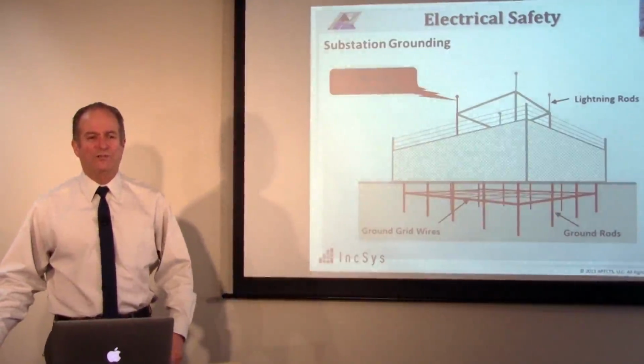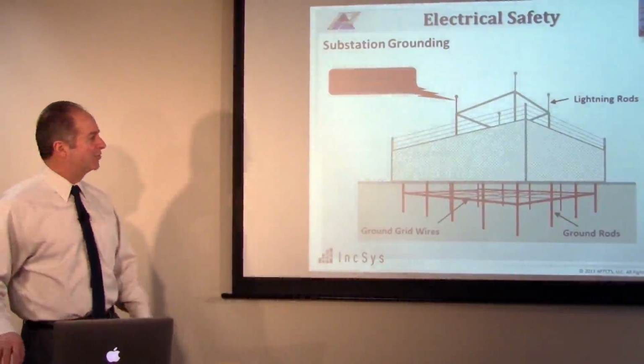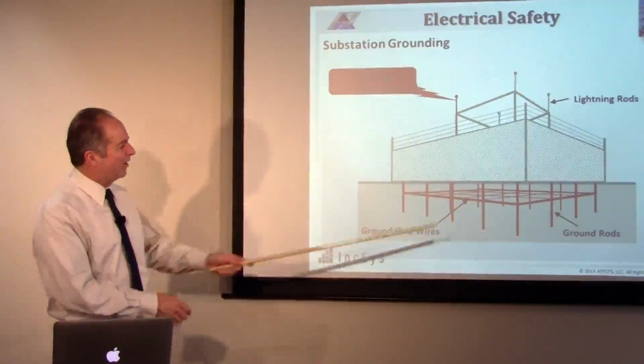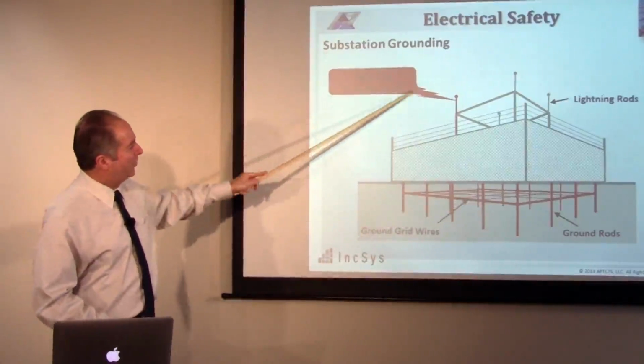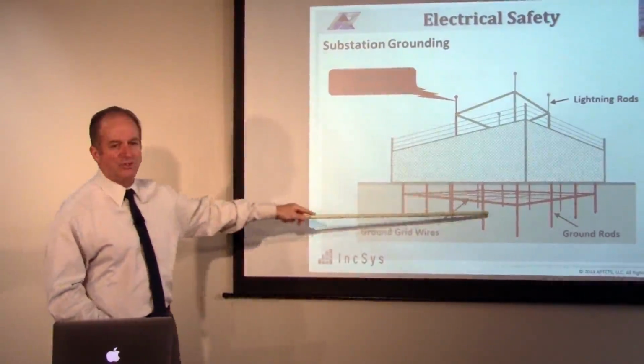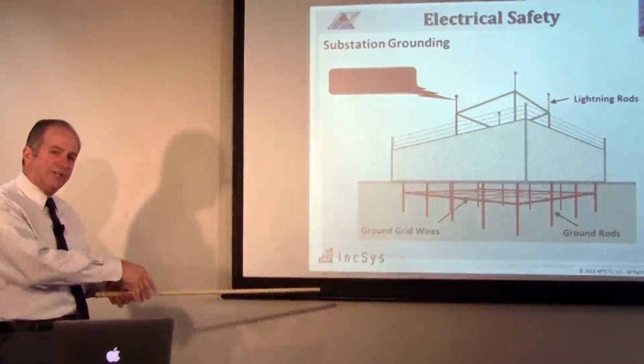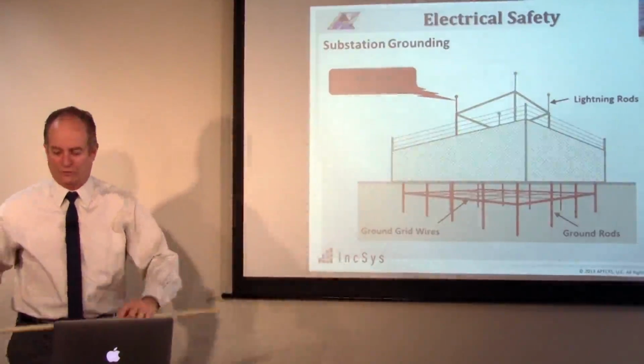And that's what the ground grid is basically allowing to happen. So here's a picture of a substation with a ground grid with a power fault hitting, letting all this fault energy get dissipated into the earth, and it's really a current that's going back to the sources.